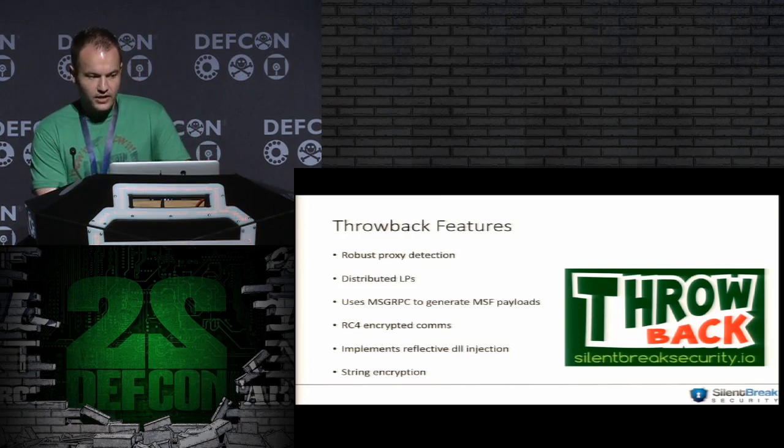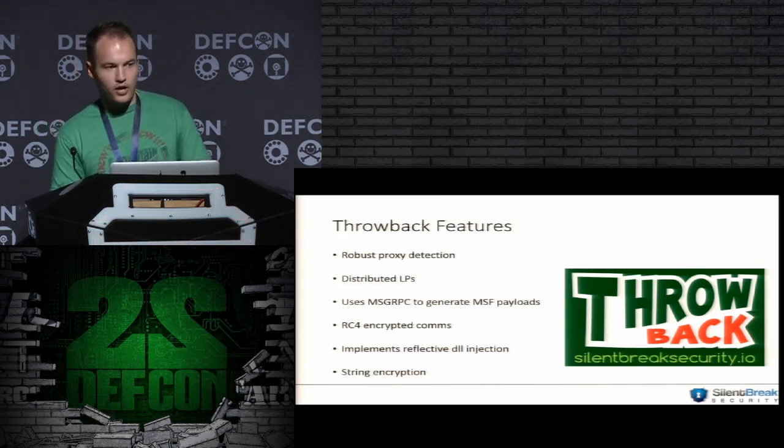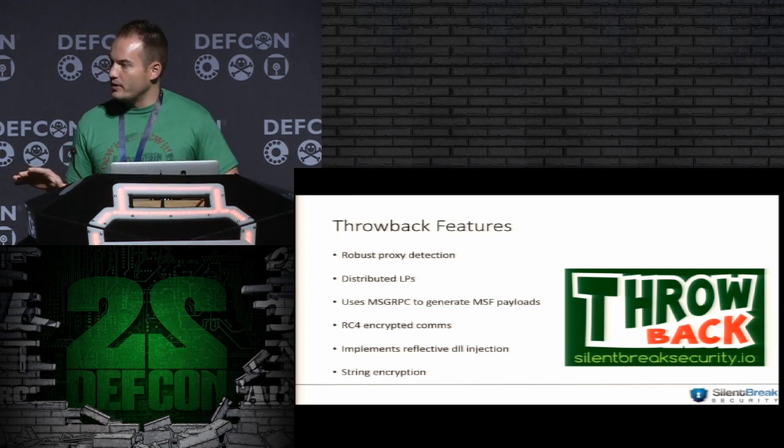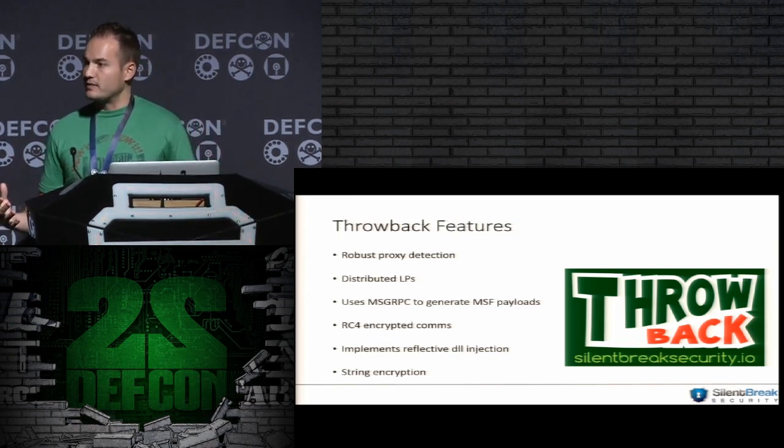So here are some other features of Throwback. Robust proxy detection. You remember I said that we used WinHTTP. WinHTTP doesn't have the robust user proxy settings that WinINet has. So to get around this, because it runs from a service, you can impersonate users a lot easier.